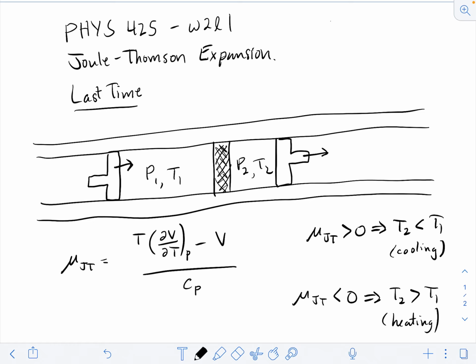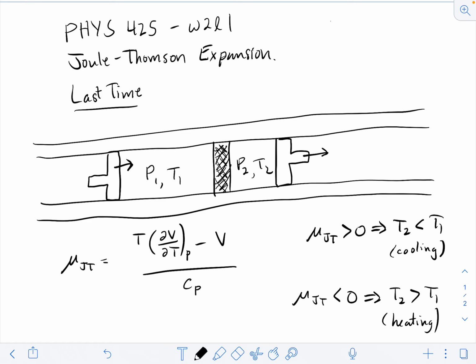When we last left off, we were talking about Joule-Thomson expansion, and so here I have a little bit of a review of some of the things we were talking about. First, the apparatus consists of a long insulating tube, and in the middle of that tube there is a porous plug. The porous plug allows gas to pass through, but slowly.